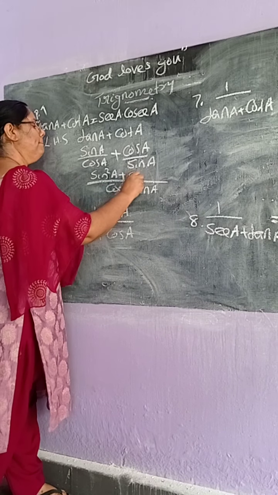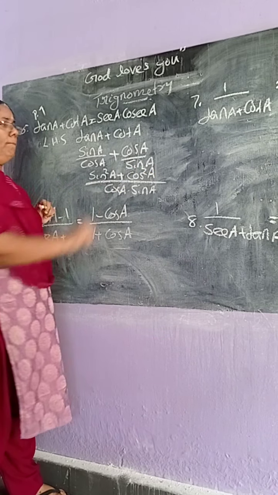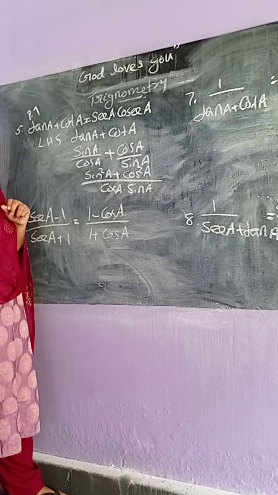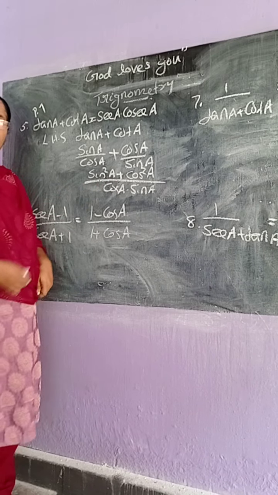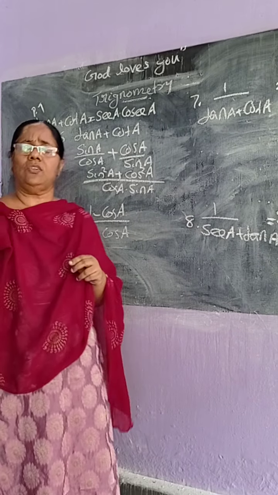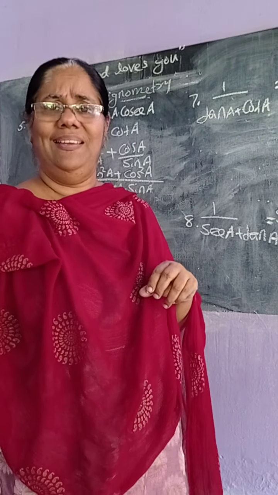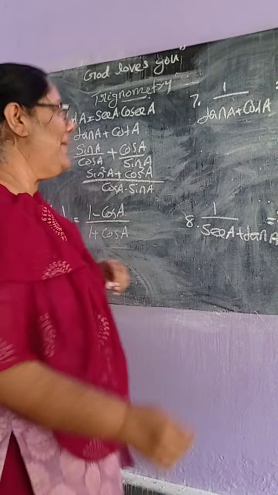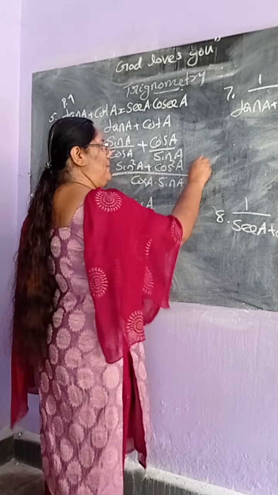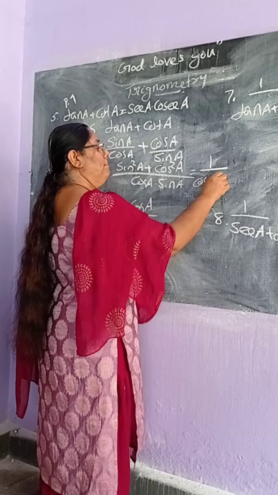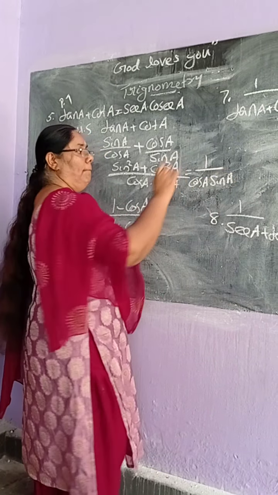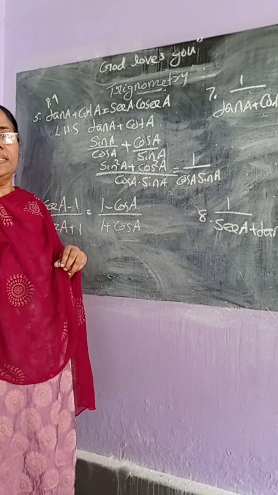Cos square A. What is sin square A plus cos square A? What's the identity? Sin square A plus cos square A is always 1. So 1 by sin A cos A, or 1 by cos A sin A.